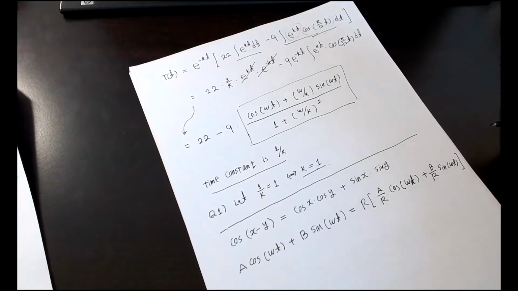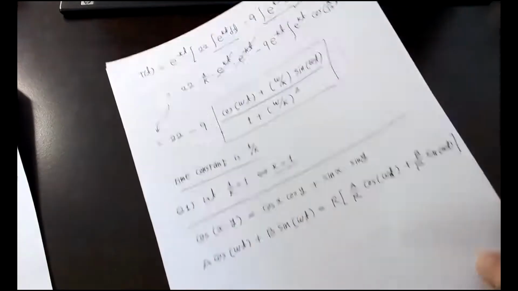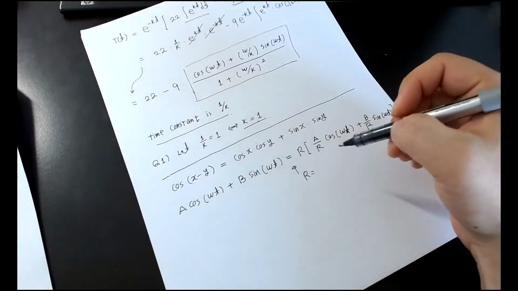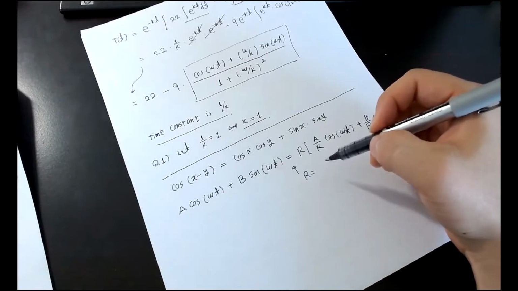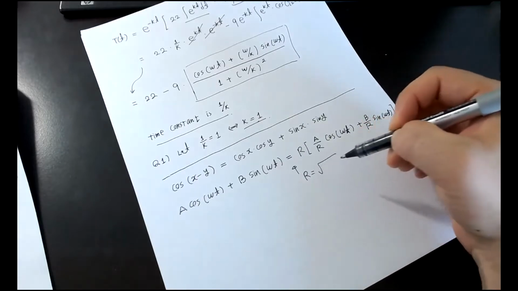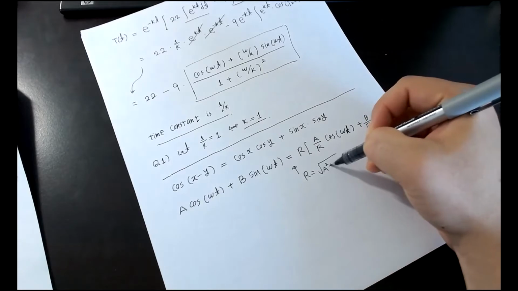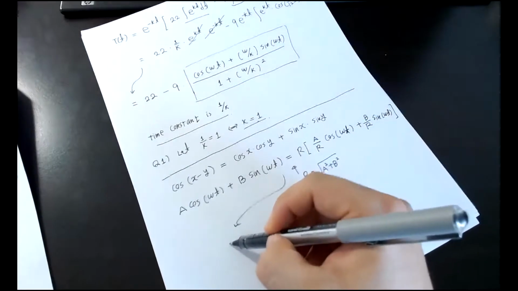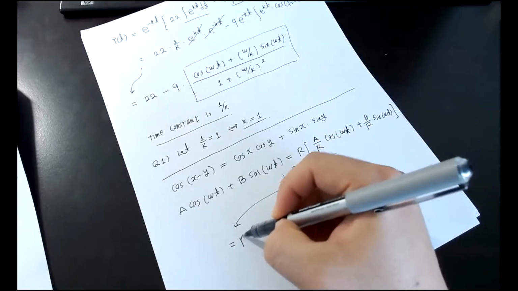What is r? r is the square root of a squared plus b squared.